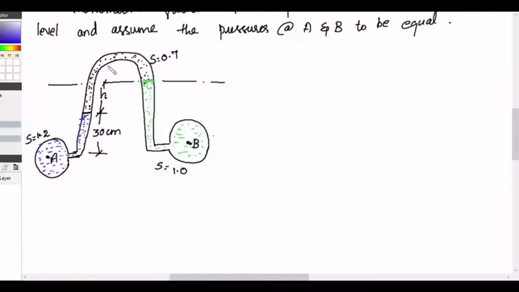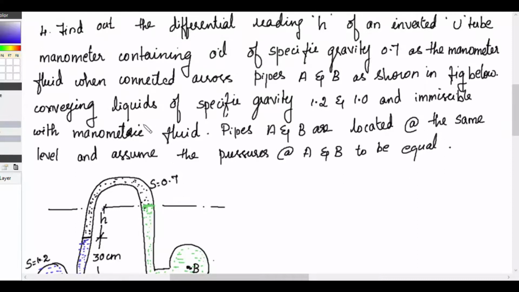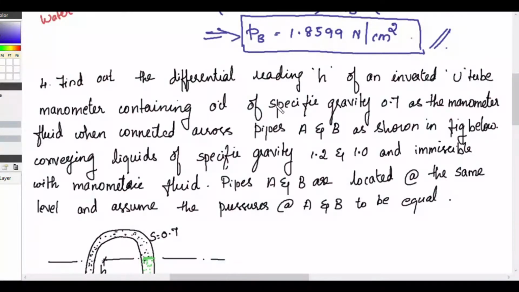Again, this is an inverted U-tube. We are asked to find h, containing oil of specific gravity 0.7 as the manometer fluid, when connected across pipes A and B as shown in the figure below, conveying liquids of specific gravity 1.2 and 1 as immiscible with the manometer fluid.